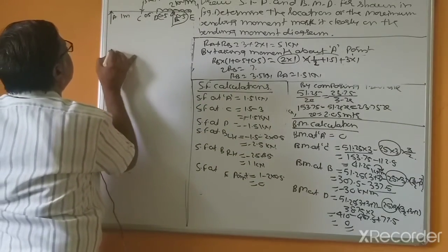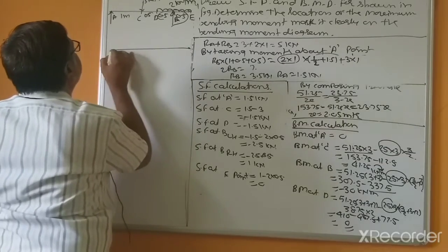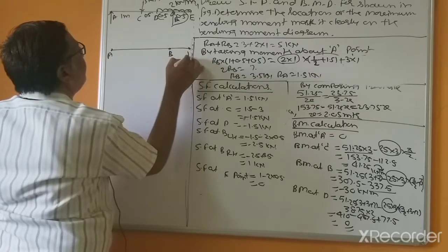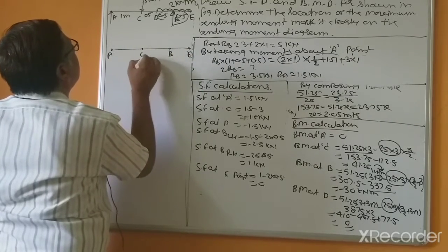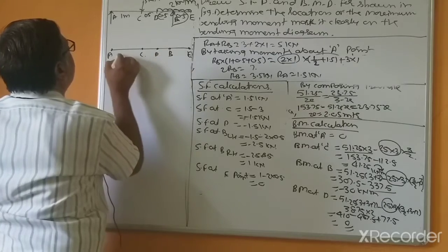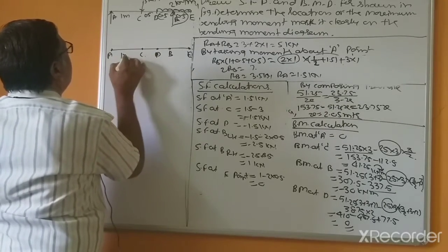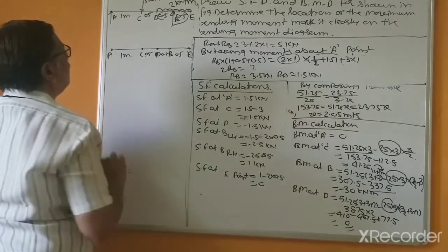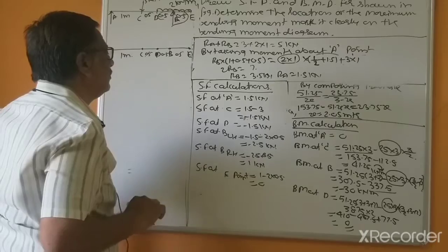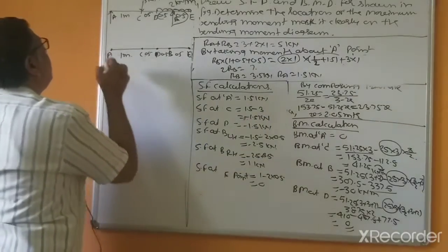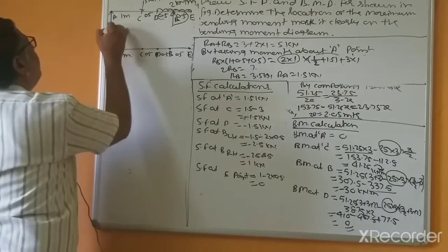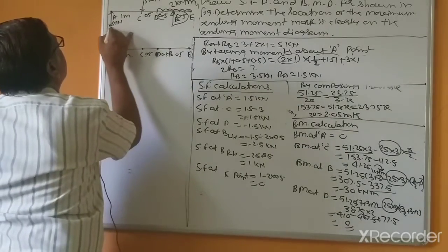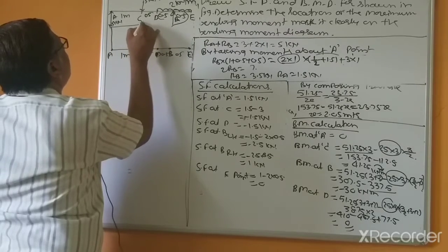So that's why your shear force diagram: A point, B point, E point, C point, D point. 1 meter, 0.5, 0.5, 0.5. Shear force at A 1.5 kilonewton, up to C 1.5.